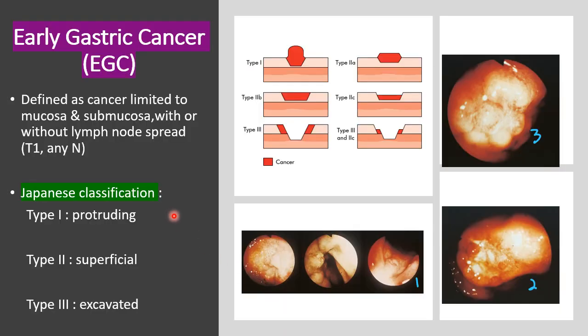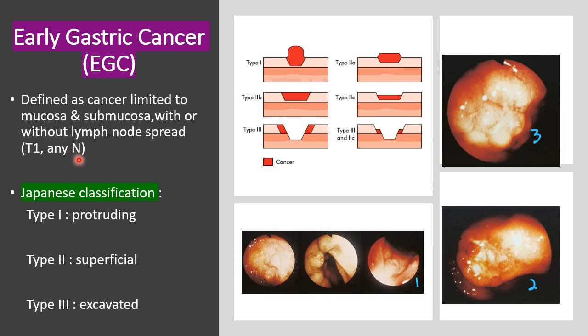The next classification is the Japanese classification of early gastric cancer or EGC. Early gastric cancer is defined as cancer limited to the mucosa and submucosa with or without lymph node spread. So it's T1 and any nodal status.